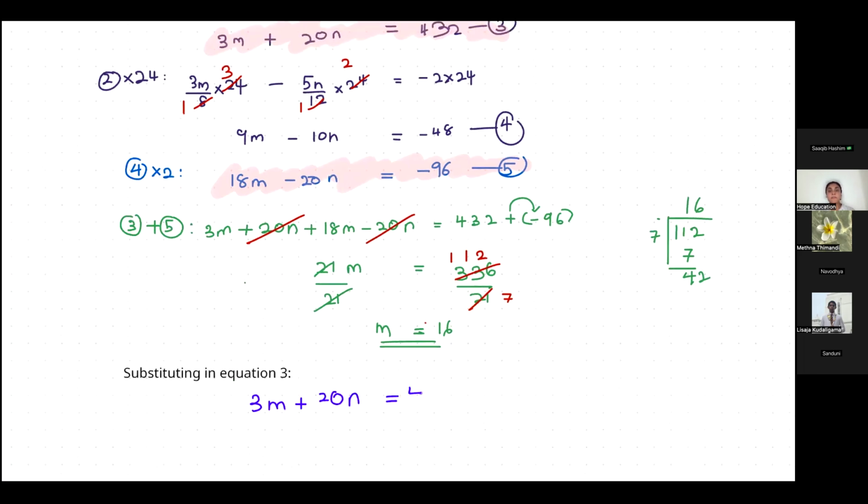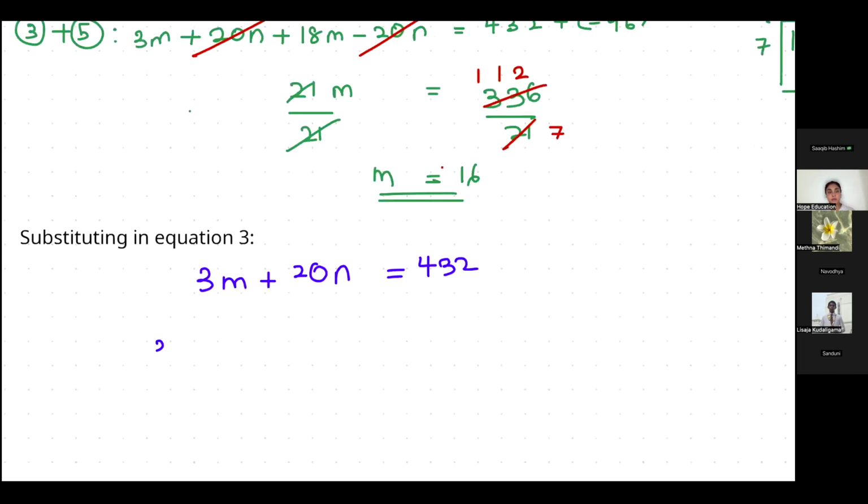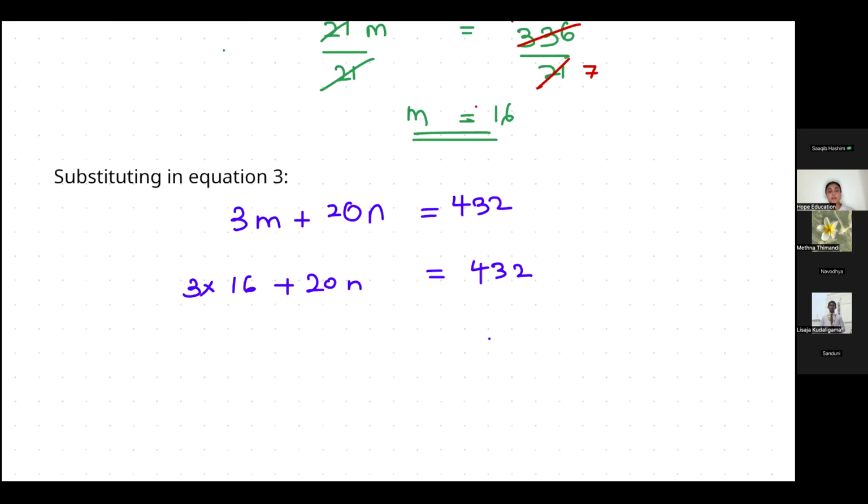All right. So now m I already found, which is 16. 3 times 16 plus 20n equals 432. 3 times 16 is 48. Plus 20n equals 432.